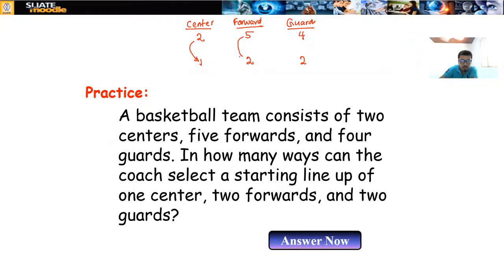Out of these 5, we need to select 2. Out of these 4, we need to select 2. It means what? NCR or NPR? Selecting, so NCR. So it should be 2C1. Out of 5, select 2, and out of 4, select 2.